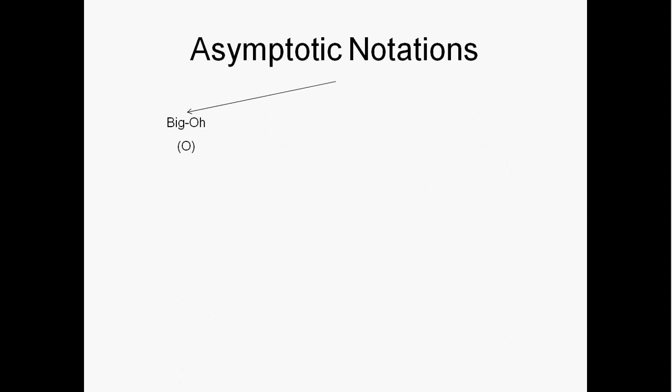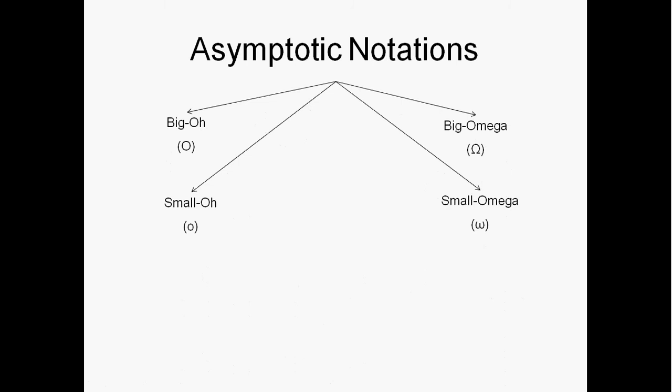First of all, big O notation, big omega notation, small o notation, small omega notation, and theta notation. Don't worry, we don't need to learn every notation. If you learn a single notation, you will easily come to know about the others. If you just understand one notation, all others are not difficult, right? So we have to just focus on one notation, and we will easily come to know the other notations.